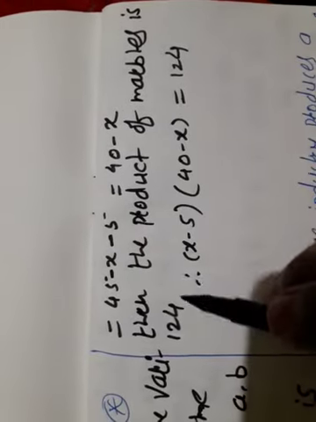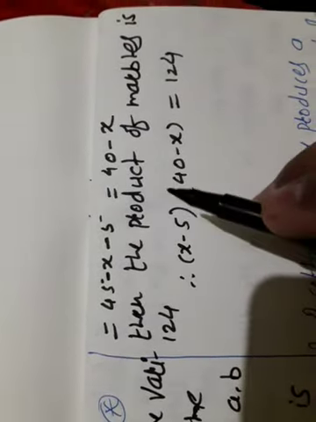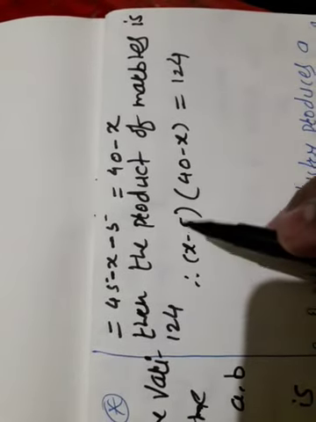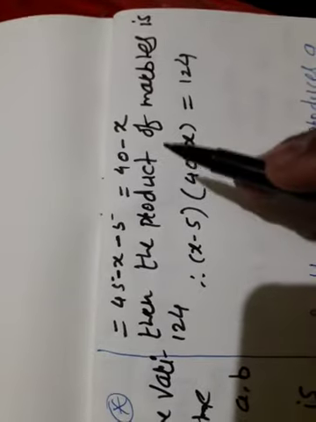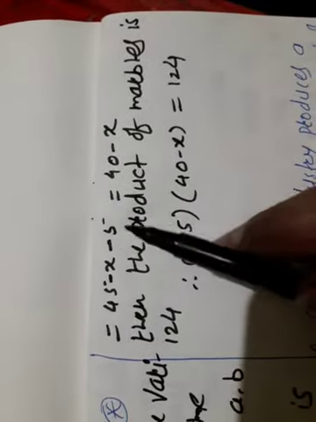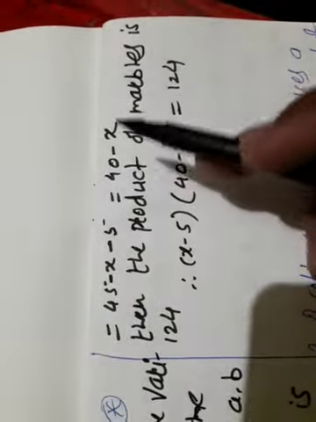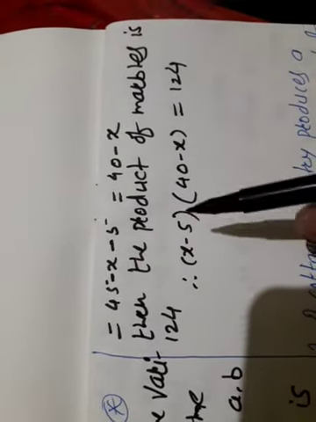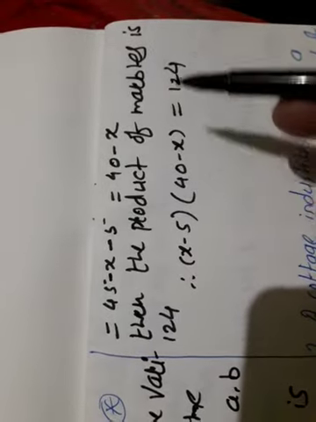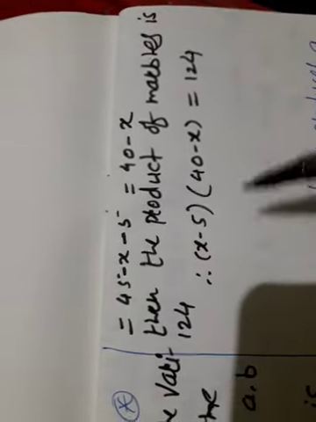According to the given condition, when John lost 5 marbles, he has x minus 5 marbles, and when Jivanti lost 5 marbles, she now has 40 minus x marbles. When we take the product of the number of marbles they now have, we get 124. We will solve this equation.